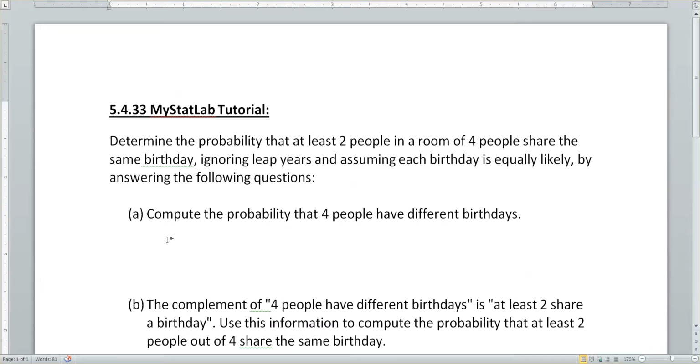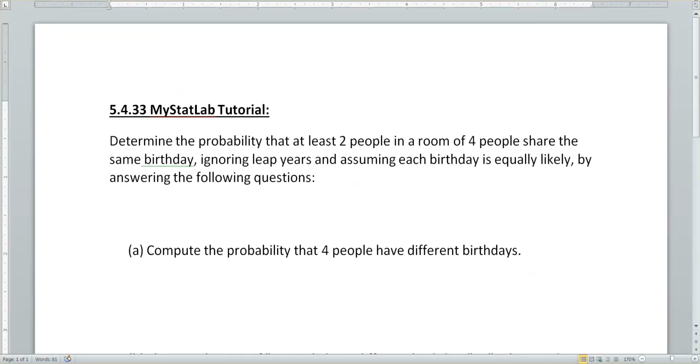So let's begin. There's a few things that we want to take note of in this setup. We're talking about birthdays and we're ignoring leap years and assuming each birthday is equally likely. So that means that when you start out, you assume that the probability of any given day is 1 out of 365.